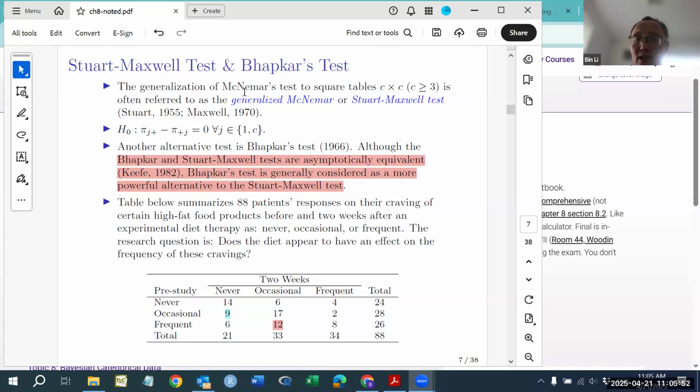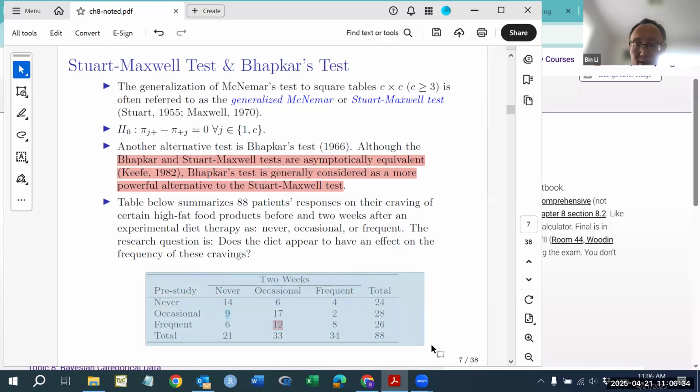The generalization of the McNemar test to square tables with C by C, where C is no less than 3, is often referred to as the generalized McNemar test, also called the Stewart-Maxwell test. The null hypothesis is just like the McNemar test. It says that the marginal proportions are the same for all the rows and columns.